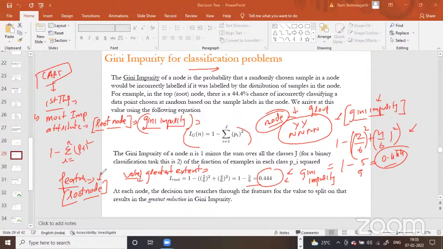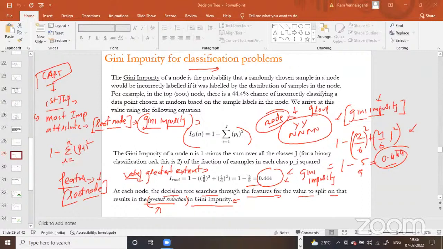So same logic, whatever we have used there in C 5.0, we are using the same concept here also. So decision tree is going to search through all the features for the value to split, and it uses the criteria of greatest reduction in Gini impurity. So whichever feature is going to help us in the greatest reduction of Gini impurity, that feature is going to be selected as our root node or most important feature.